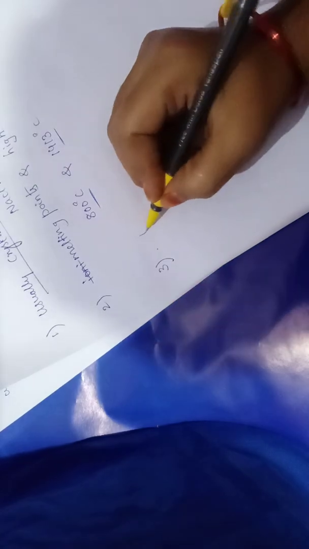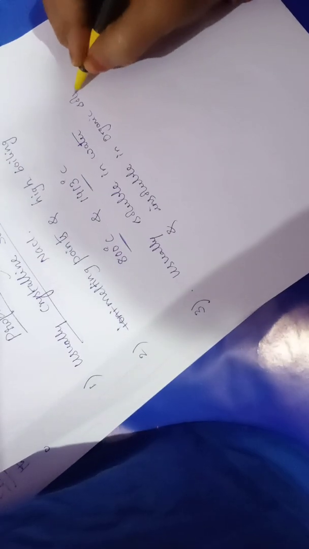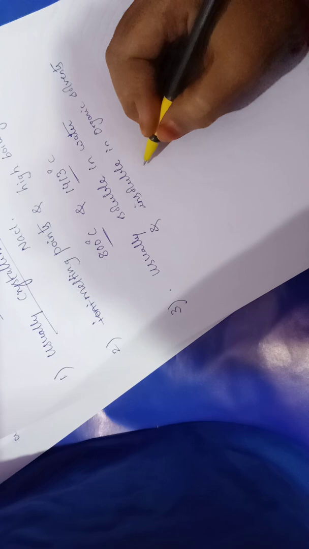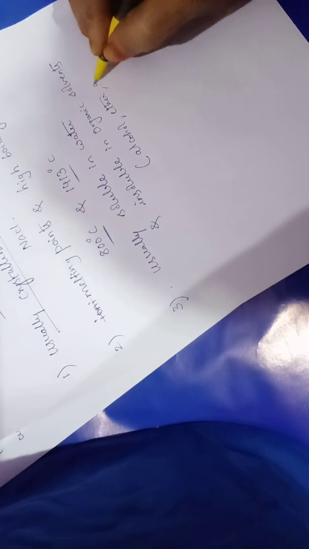And the third one is they are usually soluble in water and insoluble in organic solvents. Organic solvents means like alcohol, ether, acetone.